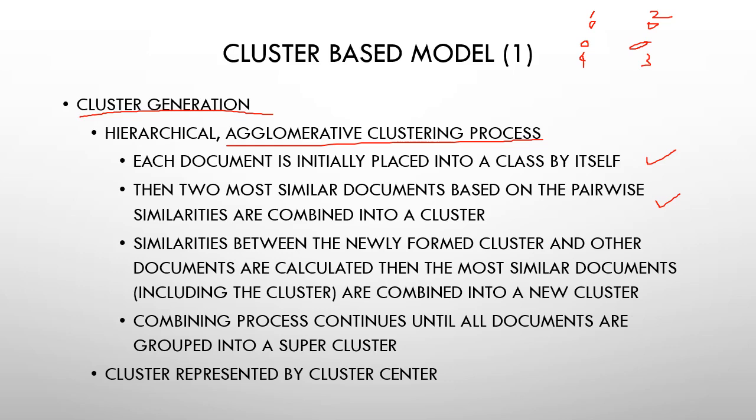Then we find the most similar pair. Let's suppose the most similar pair is documents 2 and 3. So we combine them to become a single cluster, normally represented by the cluster center, the mean of the two documents.